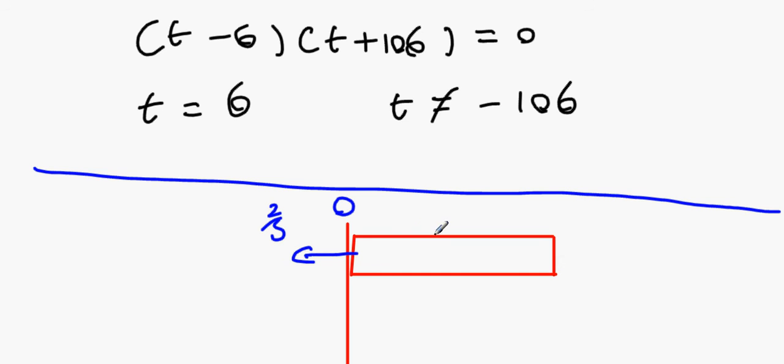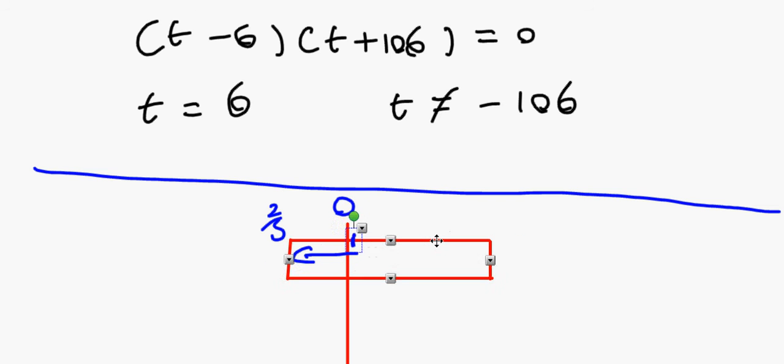So let's say 2/5 of its length would be around here. We're just going to select it and move it through, about 2/5 of its length, around here.